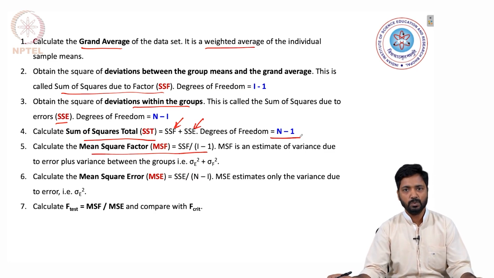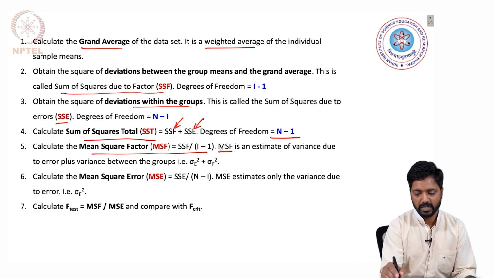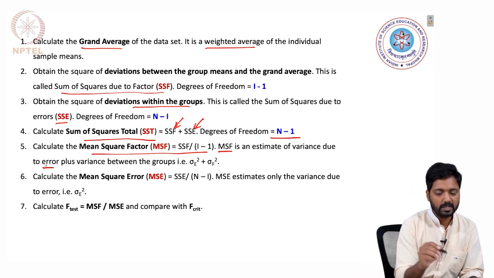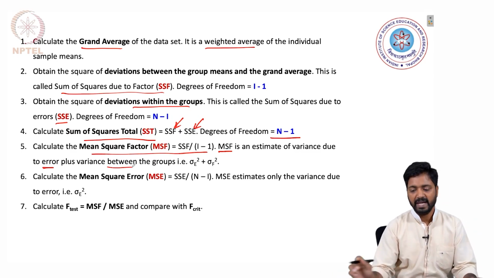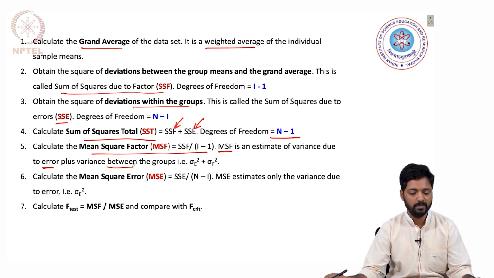So, it is important to note here that the mean square factor, which we abbreviate as MSF, is an estimate of variance that comes due to the errors within the samples plus the variance between the groups. So, as I have been emphasizing, in analysis of variance we will be comparing these two things, that is the errors within the sample versus the errors between the samples.